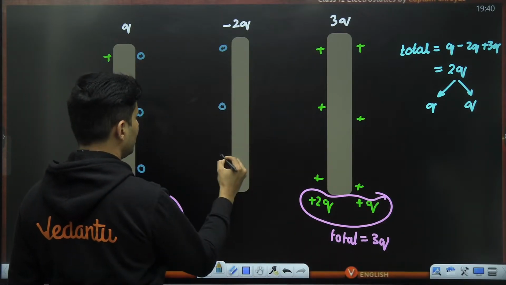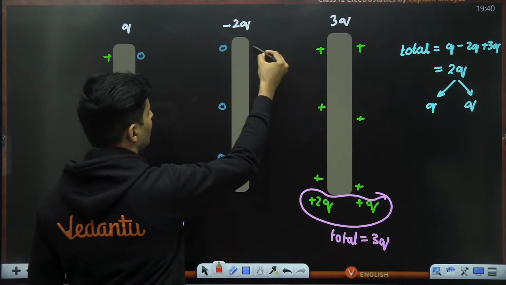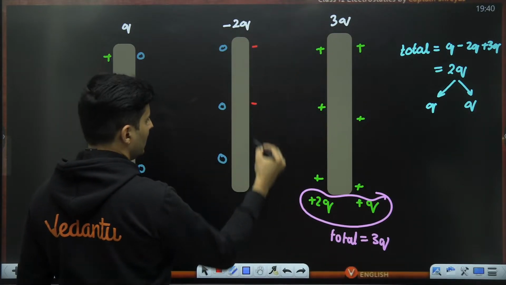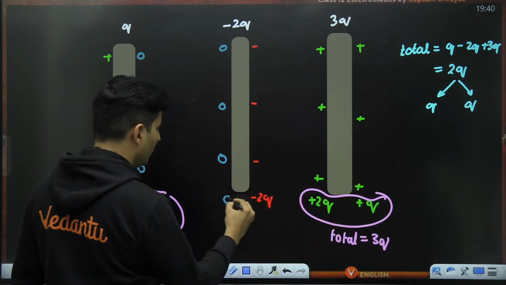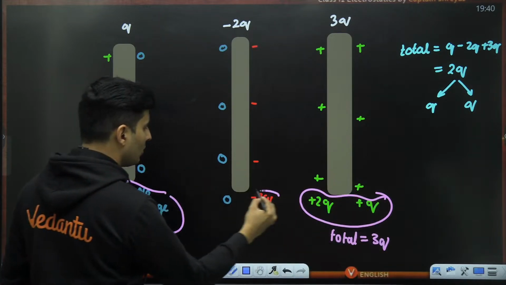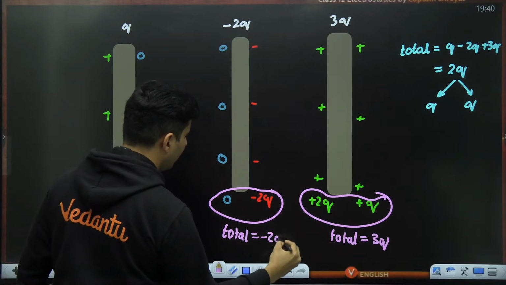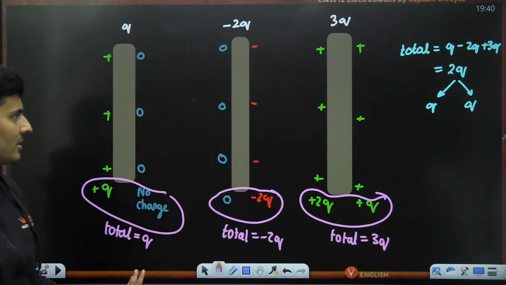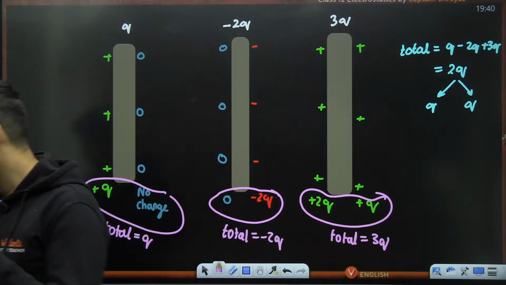And this will be exactly opposite in sign, so this will be minus 2Q. So this is 0 and this is negative 2Q. If you add, the total is again coming out to be negative 2Q, conservation of charge. So this is how you solve plate questions or shell questions.